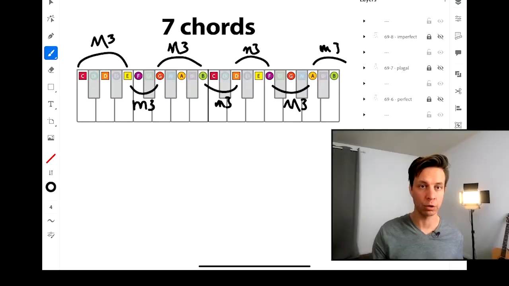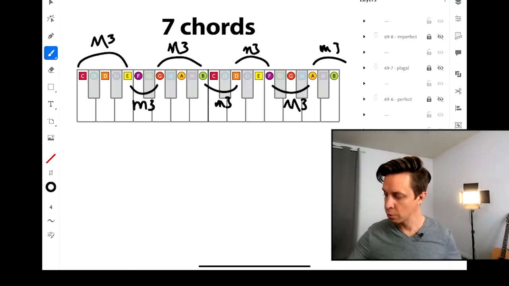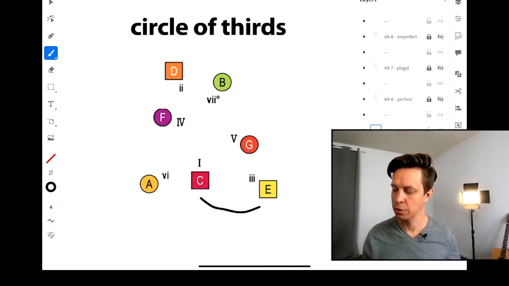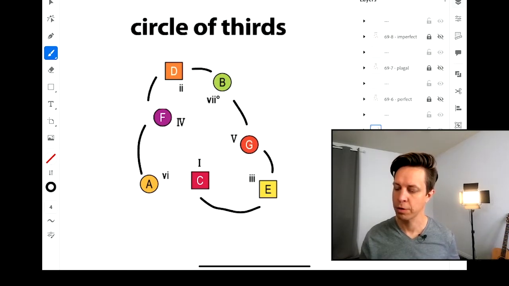An even cleaner, more concise way to look at these is to loop the patterns into what we call a circle of thirds. We call it a circle because we start at C, go to its major third, then a minor third, a major third, minor third, minor third, major third, minor third.